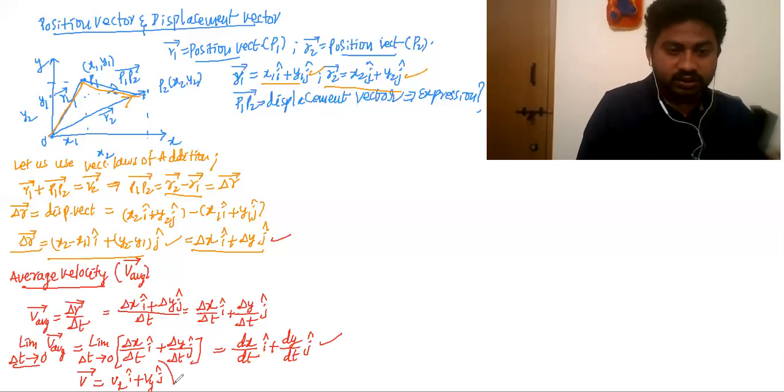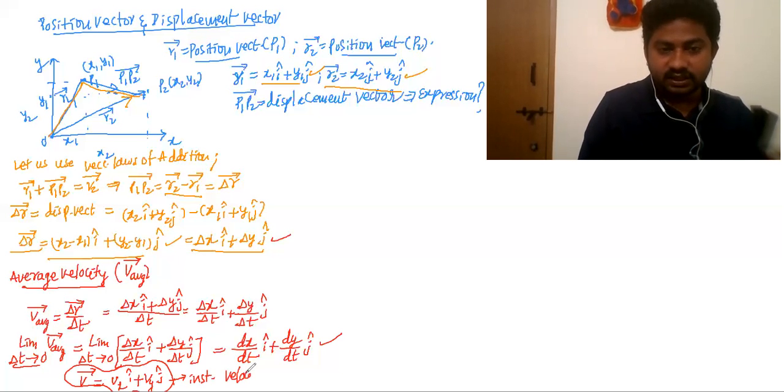Okay, so this is the concept of instantaneous velocity. Any confusions here? In this instantaneous velocity, what we had drawn just now, let me draw a line here.